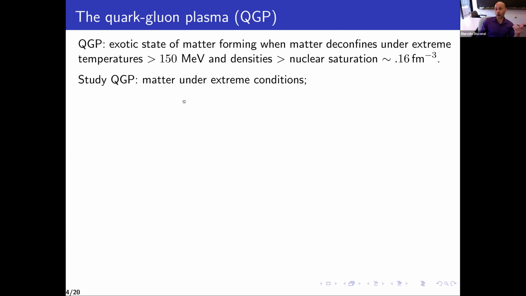Therefore, the study of the quark-gluon plasma gives the community a great opportunity to understand the properties of matter under extreme conditions. The quark-gluon plasma also offers a window into the earliest moments of the universe, because it is believed that microseconds after the Big Bang, the universe was filled with matter in the form of the quark-gluon plasma.